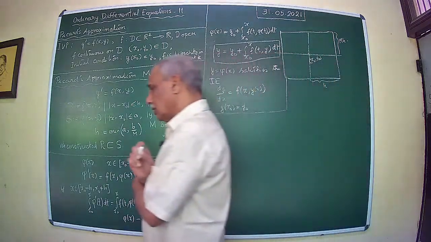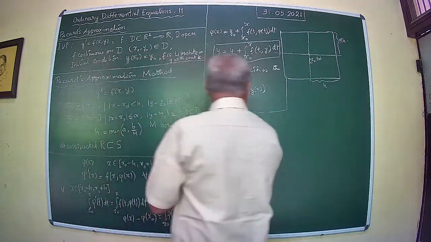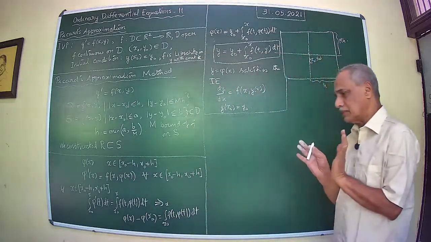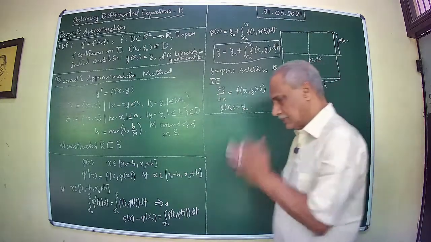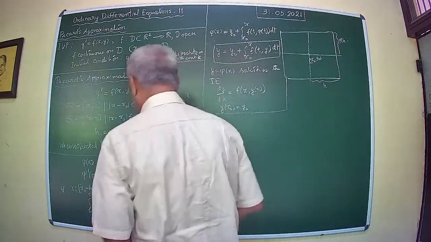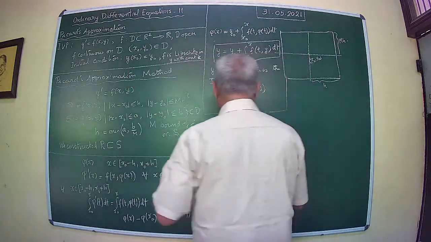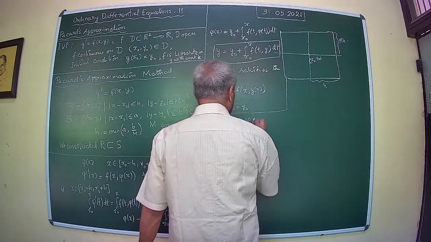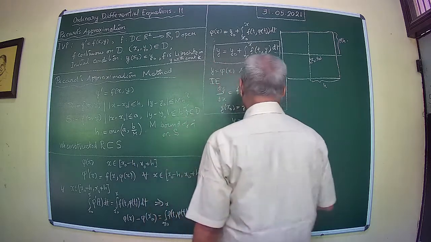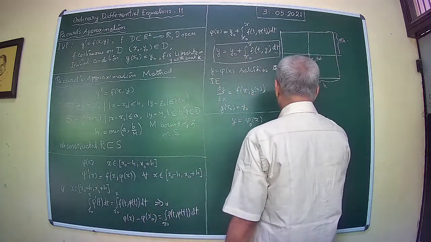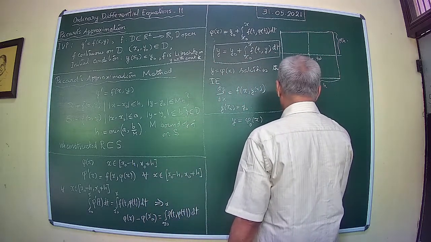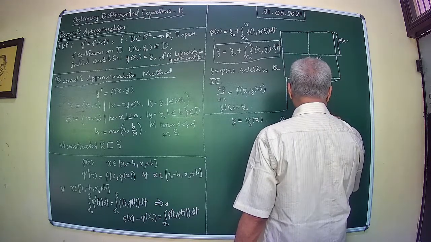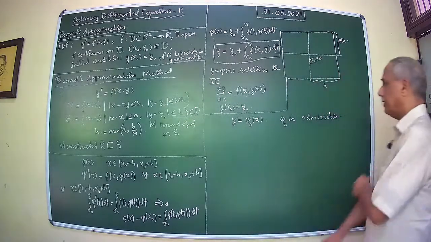Okay. One observation that you make is this: suppose you start with some function which is admissible. Okay. So let us start with y equal to phi naught, which is admissible.